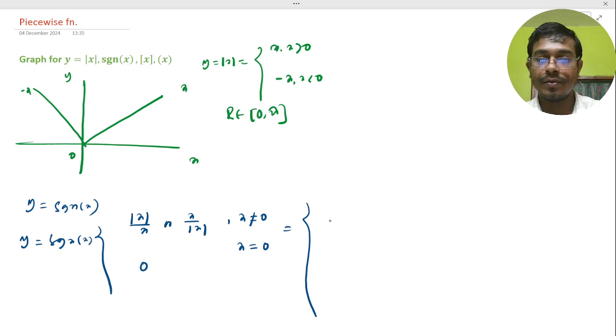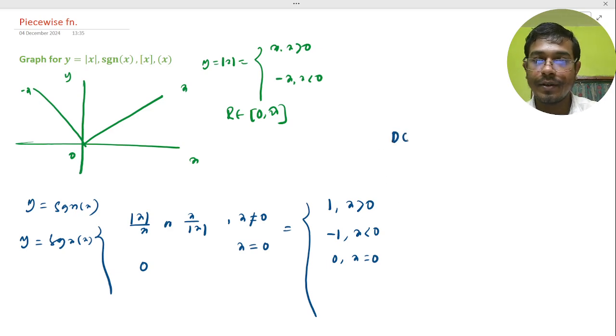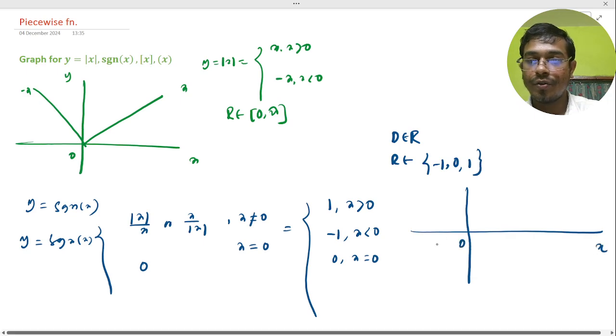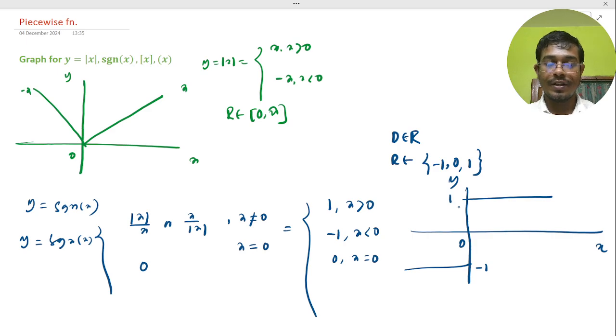So basically 1 for x greater than 0, minus 1 for x less than 0, and 0 for x equal to 0. So its domain belongs to R and the range is minus 1, 0 and 1, and the graph would look like that, this is the origin, x and y, this one is 1 and this one is minus 1. This is the graph of the signum x.